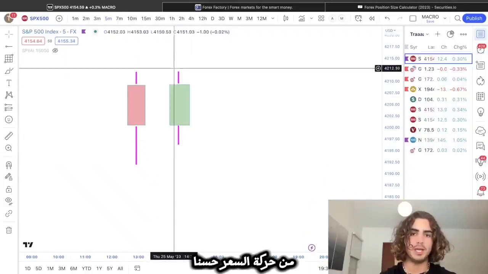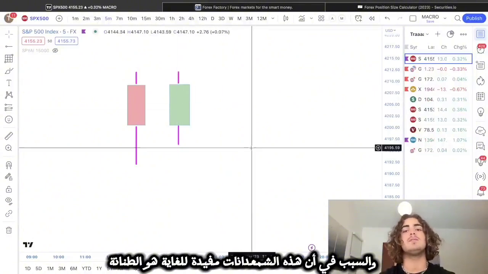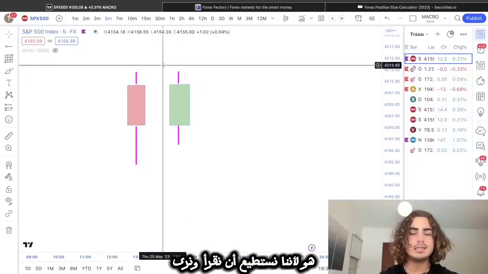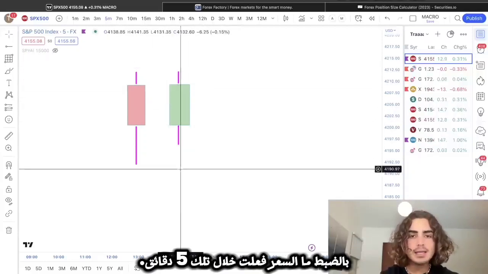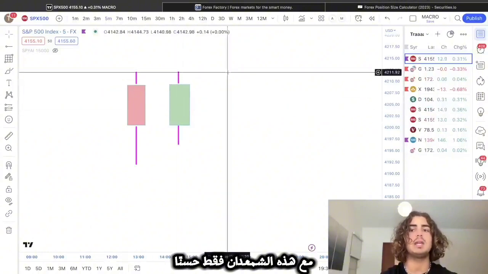of price movement. And the reason why these candlesticks are so beneficial is because we can read and see exactly what price did within those 5 minutes with just this one candlestick.